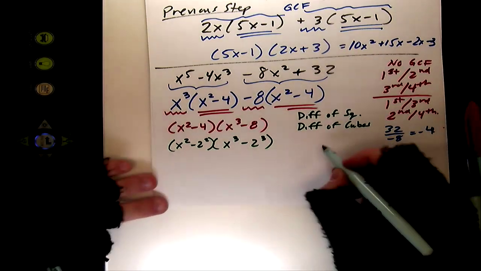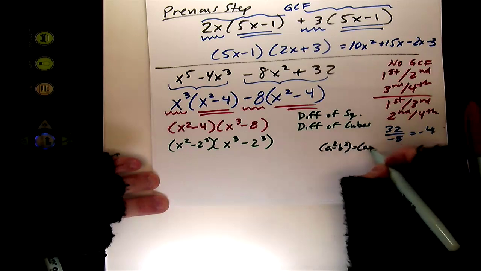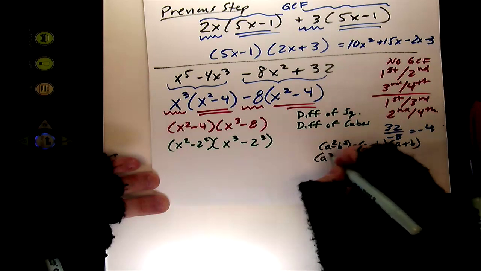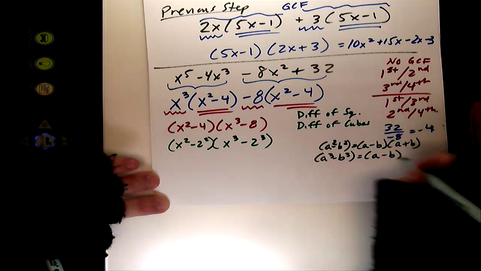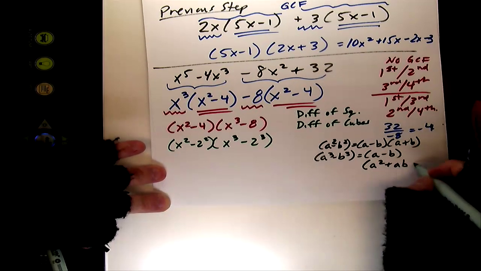So a squared minus b squared is a minus b and a plus b. A cubed minus b cubed is a minus b, and then we have a squared plus ab plus b squared.